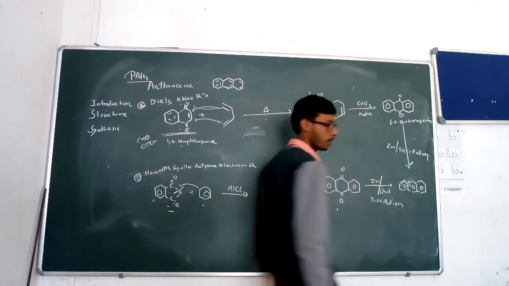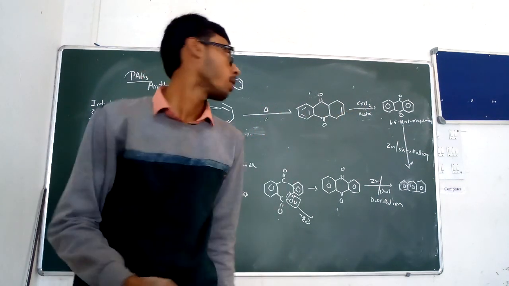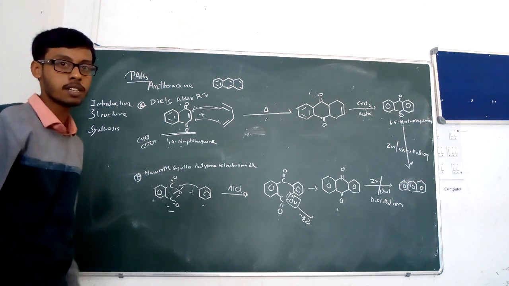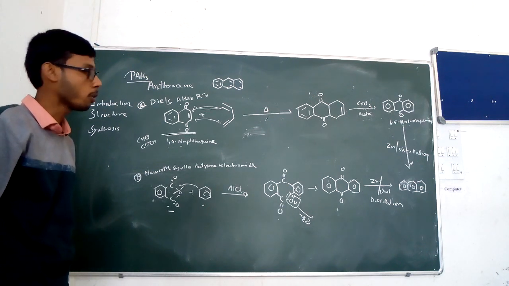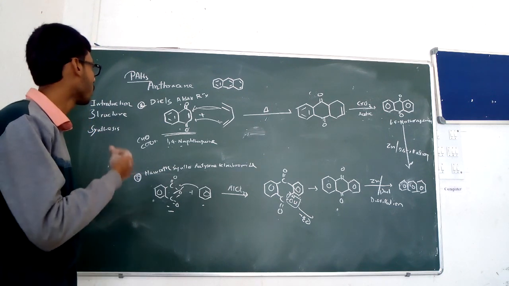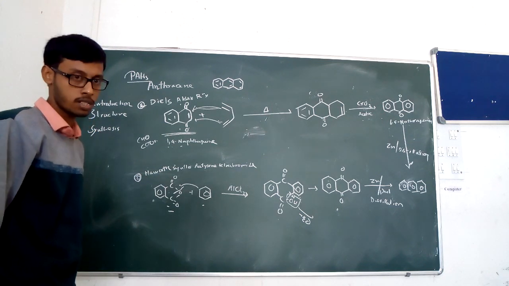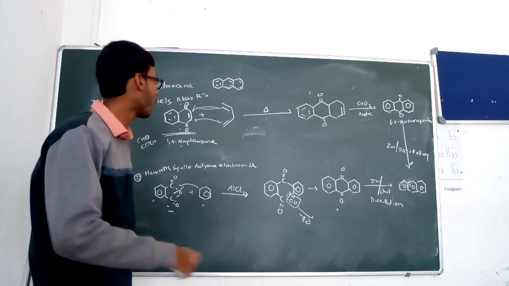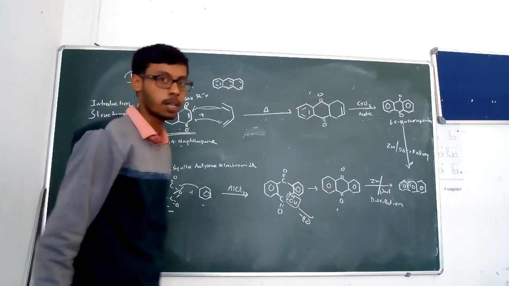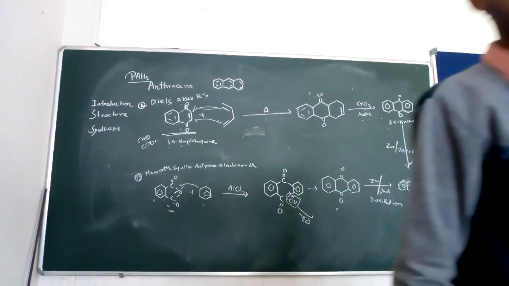And that is what we have discussed about the four synthesis processes for the synthesis of anthracene. I hope you have already understood the reaction process. So we are going to the further topic, that is the chemical reactions of the anthracene molecule.